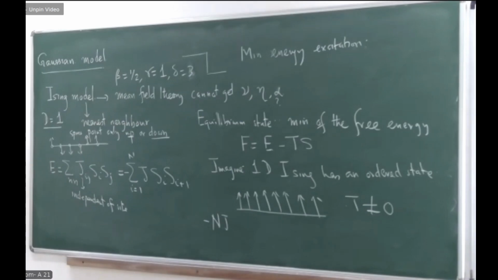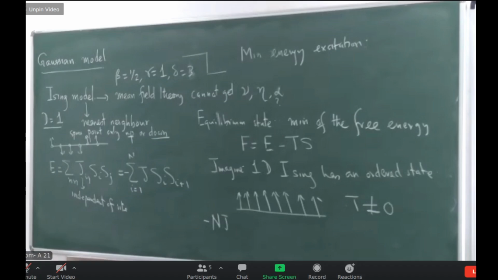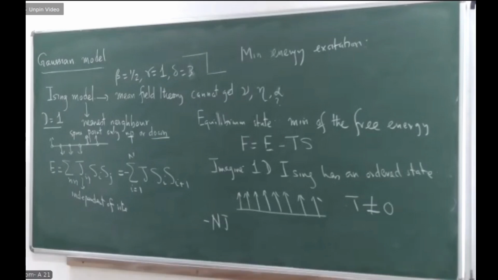For the state that you are saying, what is the configuration? Sir, any two neighboring spins are opposite, and all on the right, let us say the spins are in one direction, and to the left of that particular spin all are in the down direction.